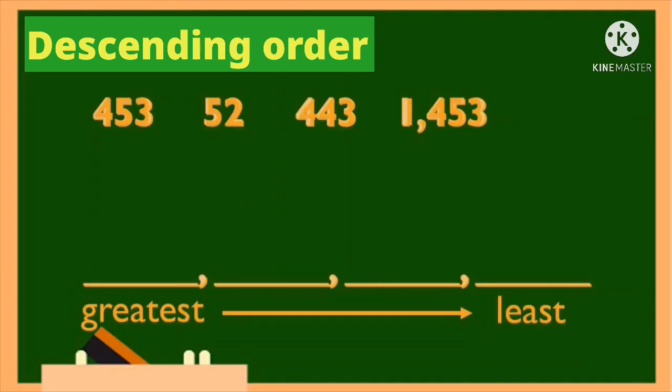So which is that number? Yes, good job. It's 1,453. How about the least one? Least or smallest? Yes, very good. We have 52. How about the next number after this number?